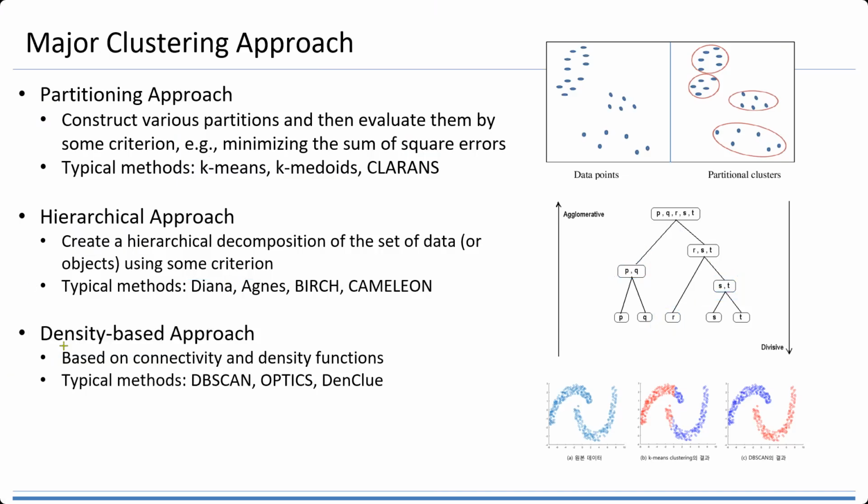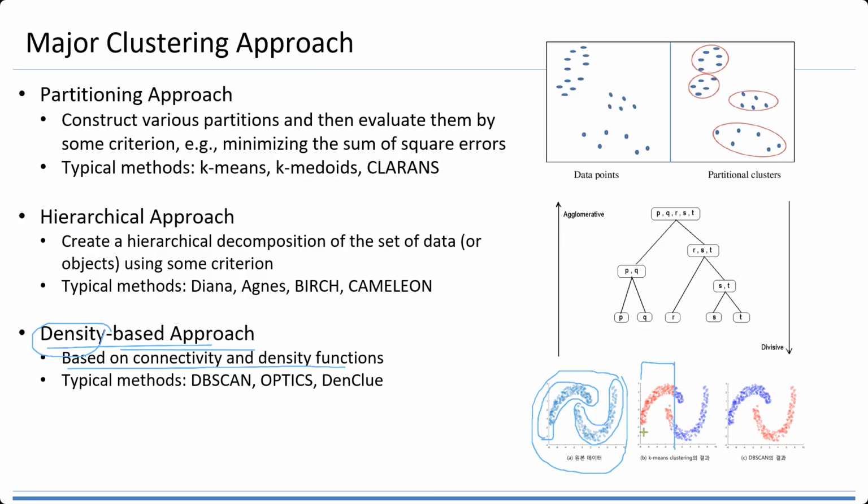The other kind of clustering is the density-based approach. The density-based approach is based on the connectivity and the density function. If you look at this one, the shape is like a moon. If you do it with k-means, you will get something like this one.